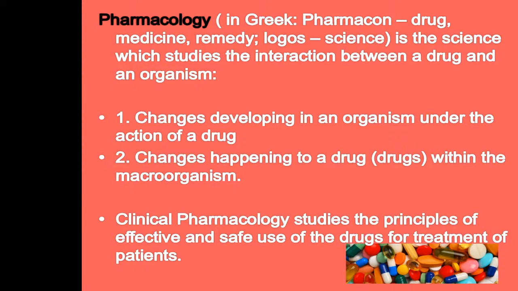This is pharmacodynamics. And processes happening to the drug and change of drug molecule structure within the organism are studied and described by pharmacokinetics. Pharmacodynamics and pharmacokinetics are both of greatest importance.